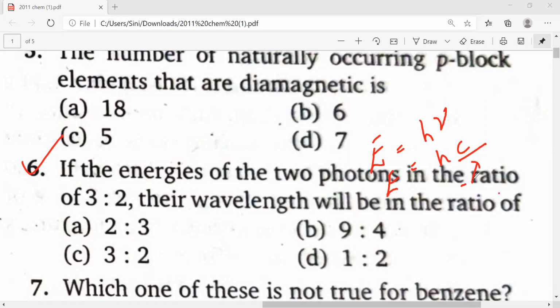Have I taught you these things? That is my first question. Anyone can answer this. Have I just taught you what E is equal to h nu is? That's my question. Have you seen this formula from me in the last chemistry session?